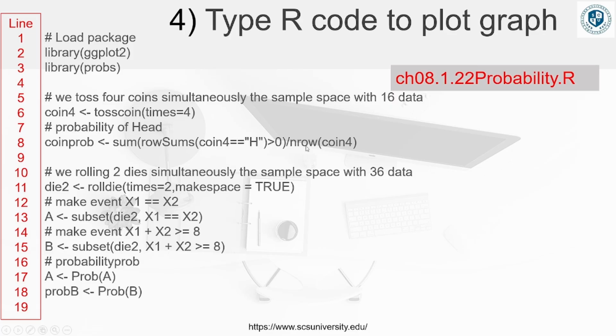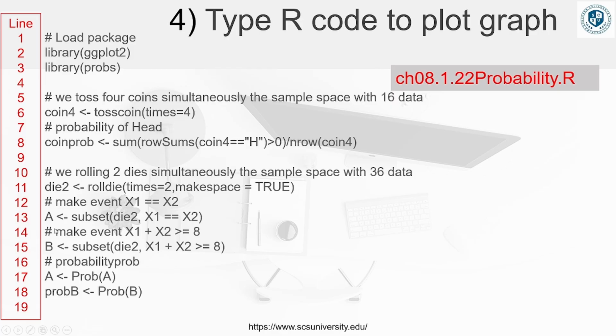Line number 9. Line number 10 sharp, we roll 2 dice simultaneously, the sample space with 36 data. It is a comment line. Line number 11, die2 <- rolldie(times = 2, makespace = TRUE). Line number 12 sharp, make event x1 equals x2. It is a comment line.